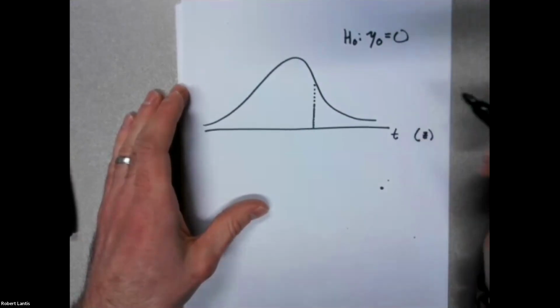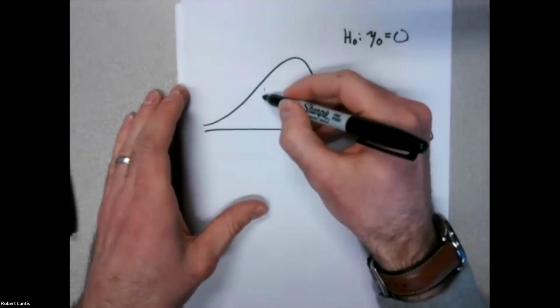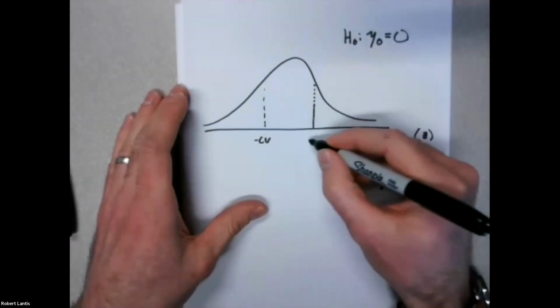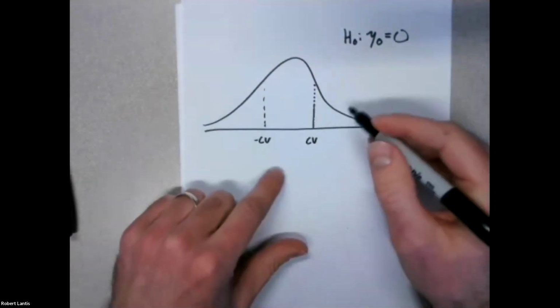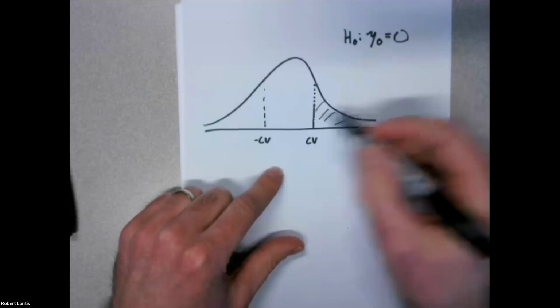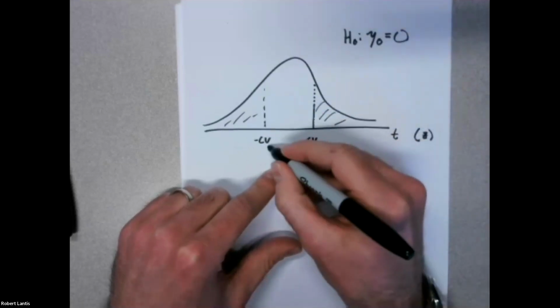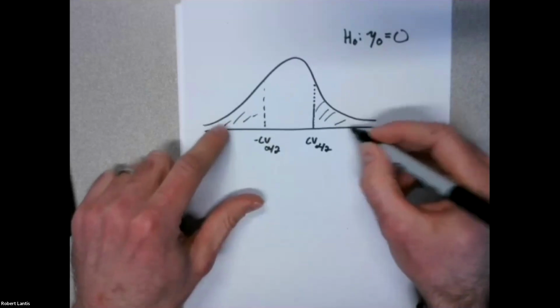Right? So we always have a two-tailed test. So we're always going to have a pair of critical values, and those critical values will be what gives us a total of alpha in our tails. So usually we would write it as, what value would give me alpha over 2 in each tail.